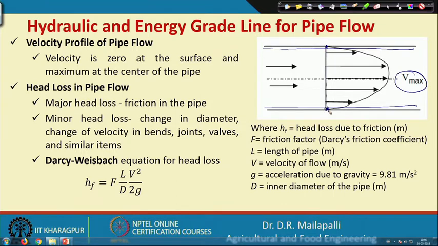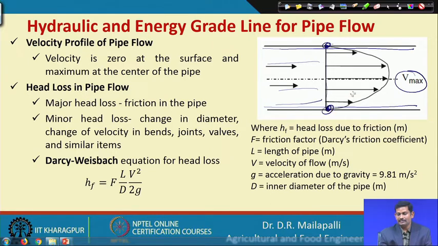Suppose you are holding a string and the water is flowing. Since you are holding it here, it is not going to sag, but in the middle it is going to sag. So, here the velocity is less because there is the friction force acting on the surface here.